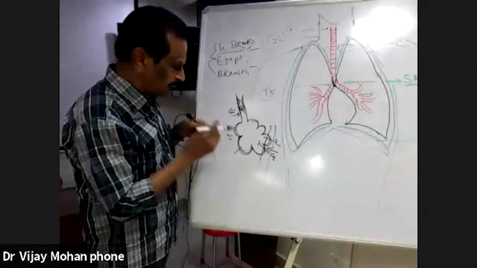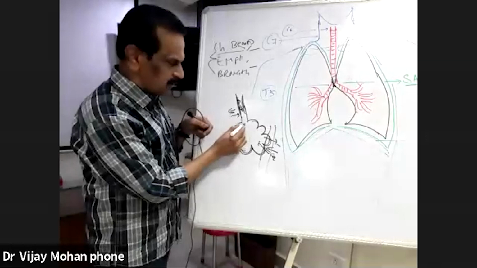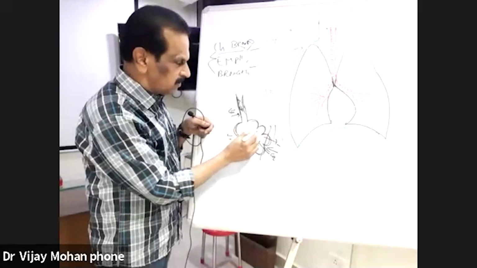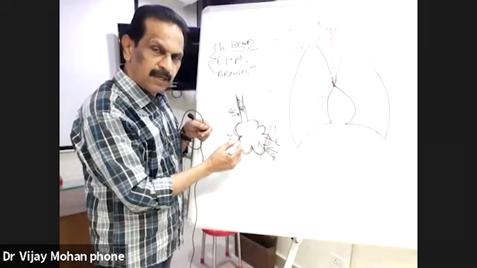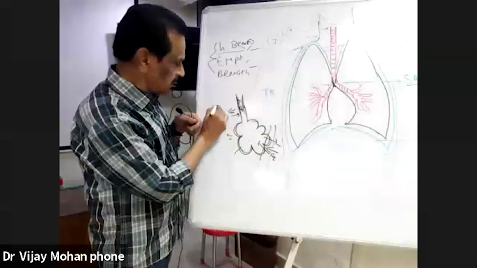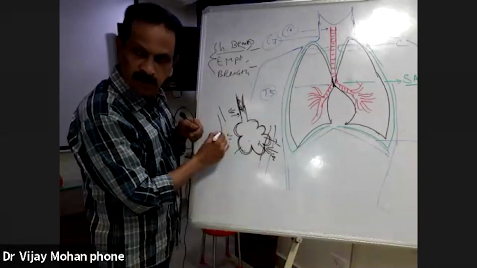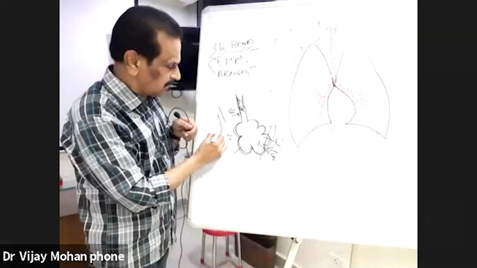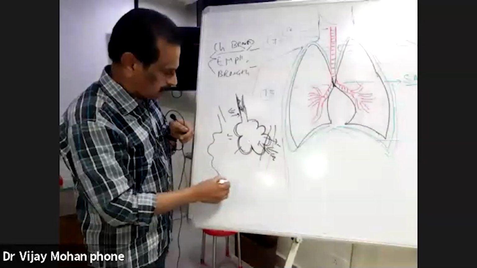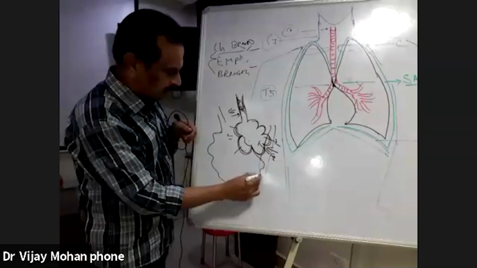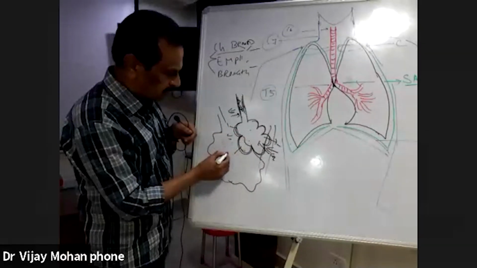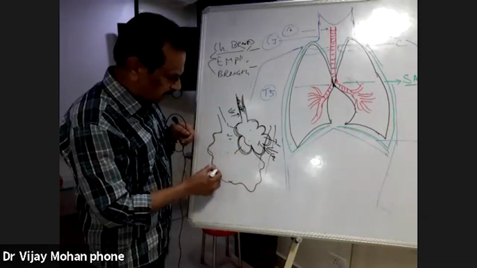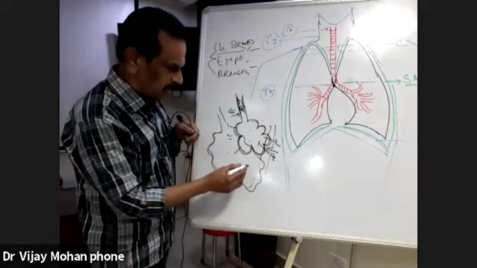Emphysema is the disease of the alveoli. What happens is this beautiful shape of a bunch of grapes is distorted. It becomes big and irregular, destroying the elasticity.